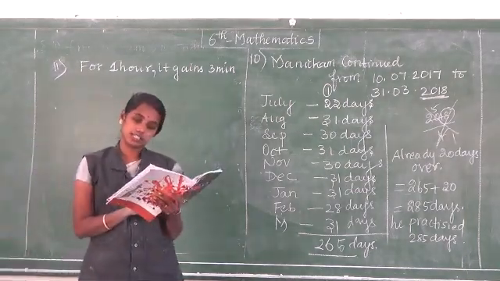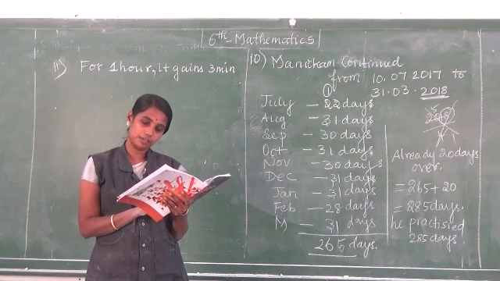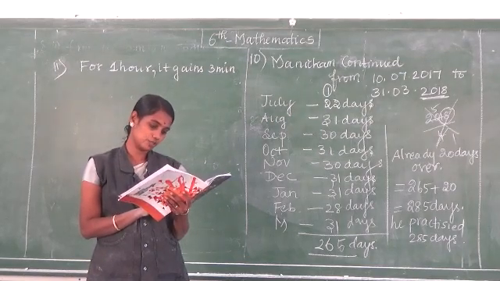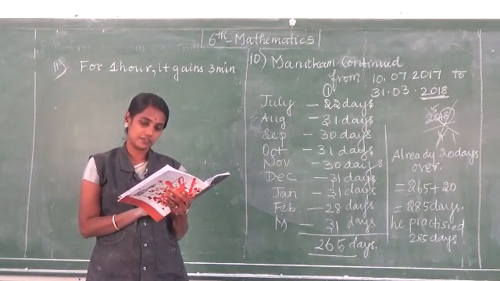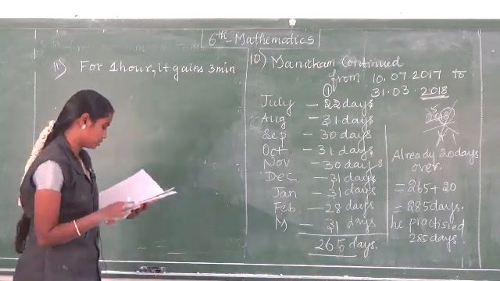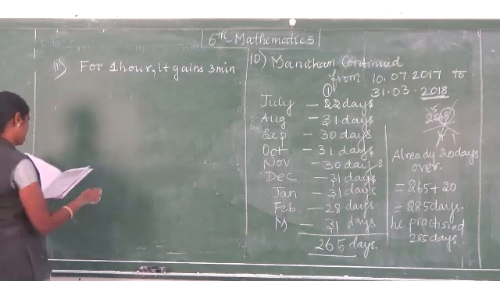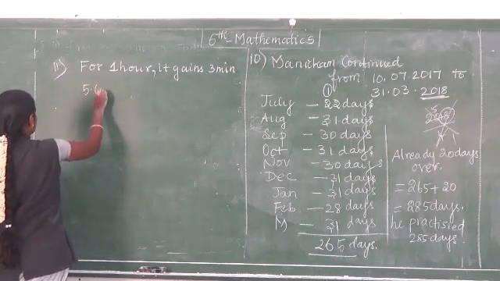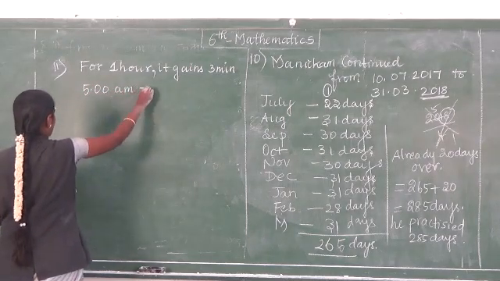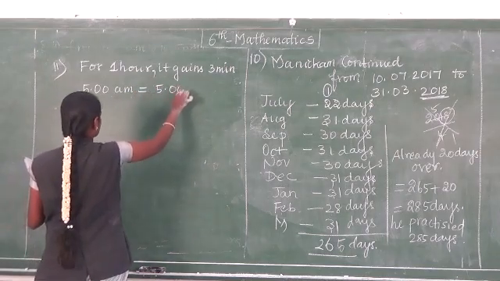If the clock is set correctly at 5 a.m., find the time shown by the clock at 7 p.m. So 5 a.m. means, convert into the 24-hour format, 5 hours. 5 a.m. you can write as 5 hours.